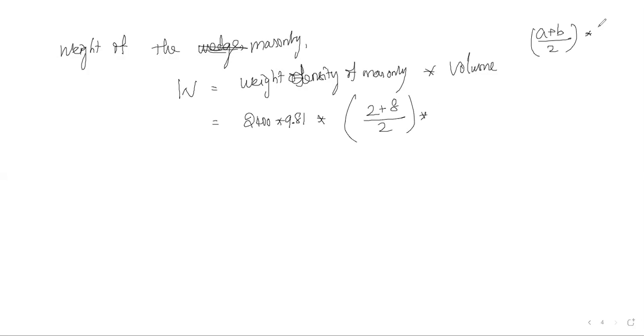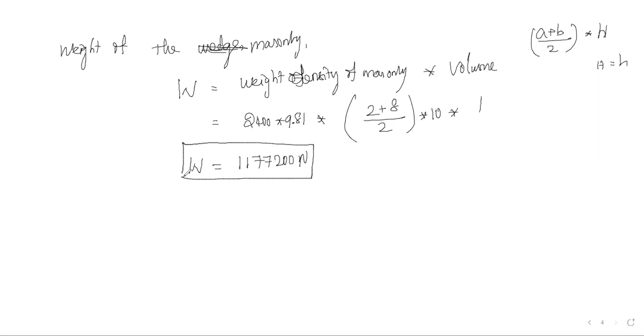Total height is capital H, which is equal to small h. So 10, multiplied with per meter length. So it becomes 2400 into 9.81 multiplied with 10 by 2, 5 multiplied with 10. So it is around 1177200 Newton.